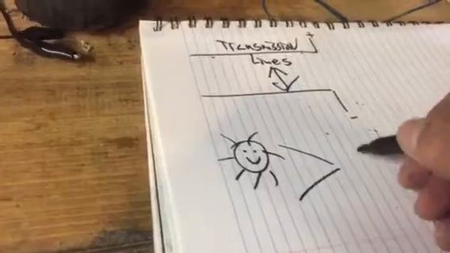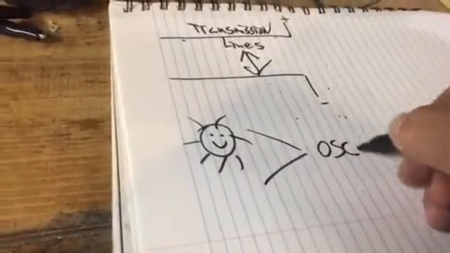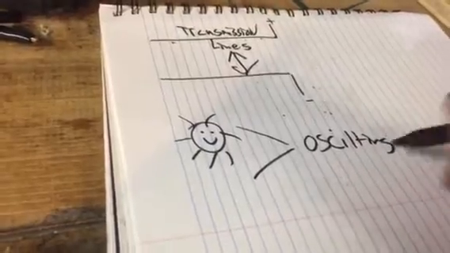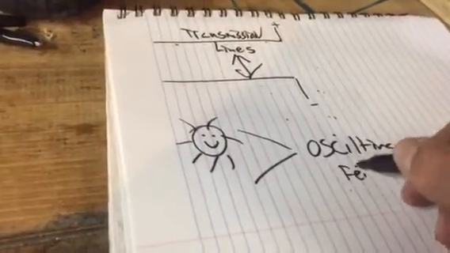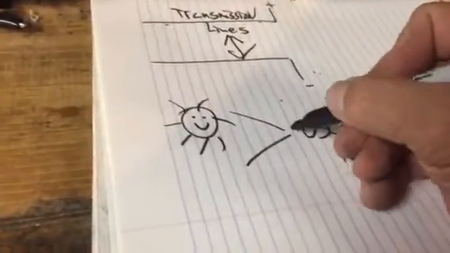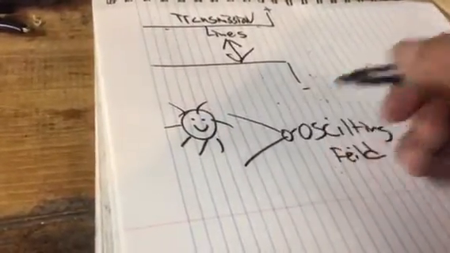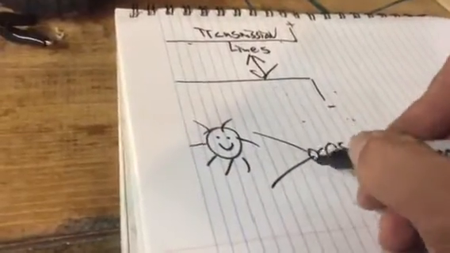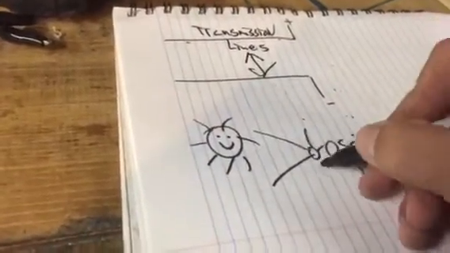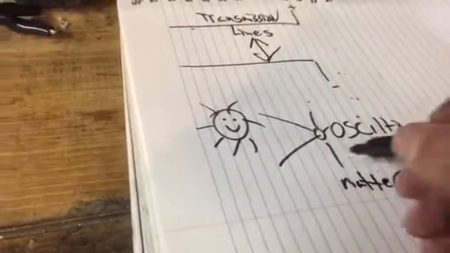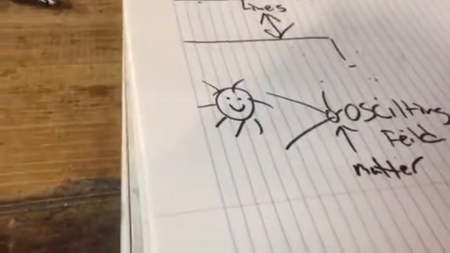It's providing an oscillating field. So it's providing to our little planet and other planets out there the oscillatory effect to the matter which is in that space.